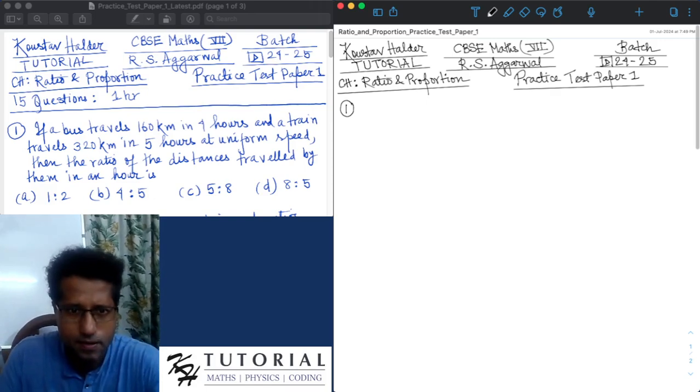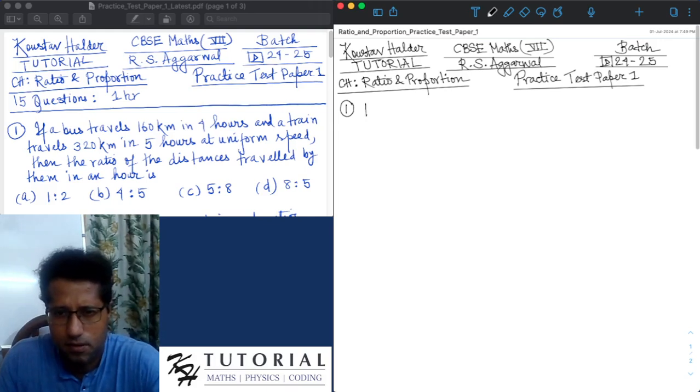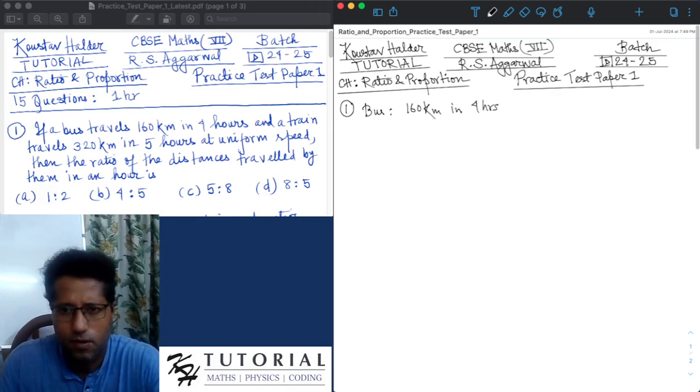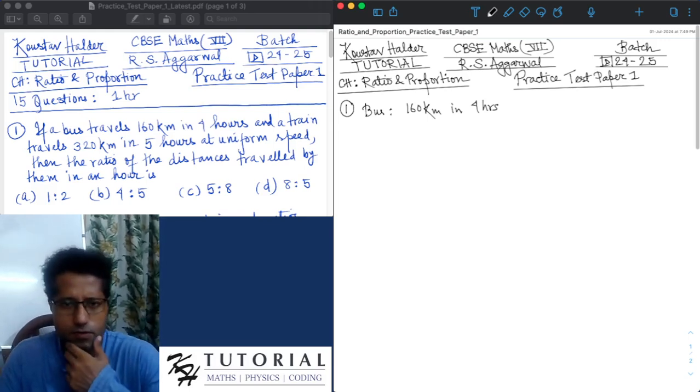So it is given that for a bus it travels 160 kilometer in 4 hours. And also it is given a train travels 320 km in 5 hours at uniform speed.